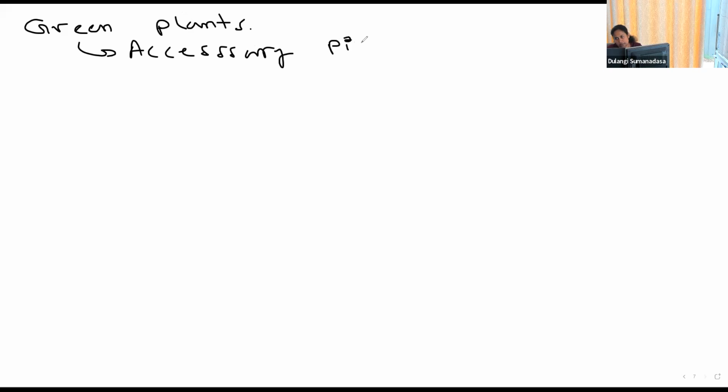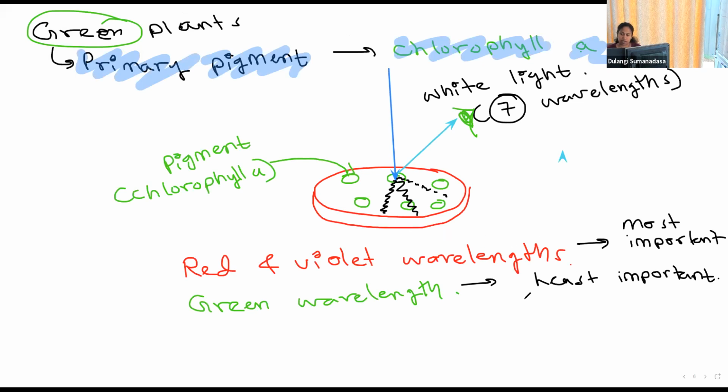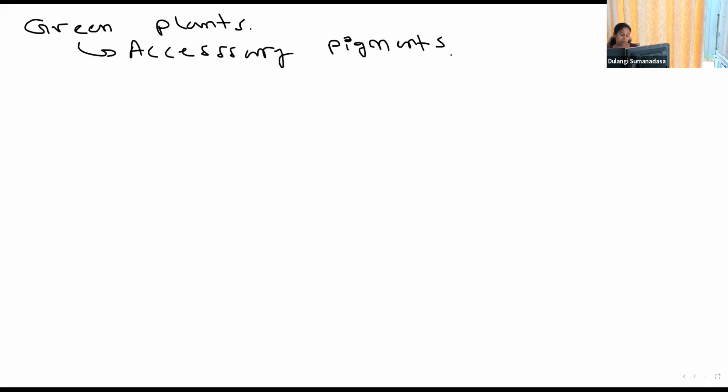So I finished the green plants, the main pigment. And then we're going to do the accessory pigments. The particular wavelengths, red and violet absorbed and green reflected, are only for the chlorophyll A. Other pigments inside the plant are going to absorb and reflect at different wavelengths.